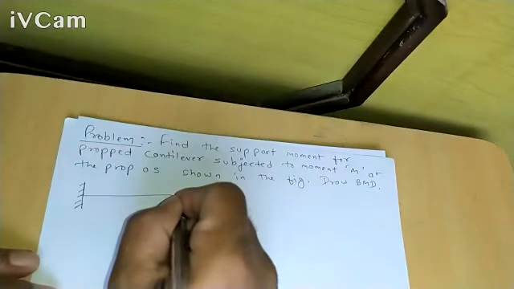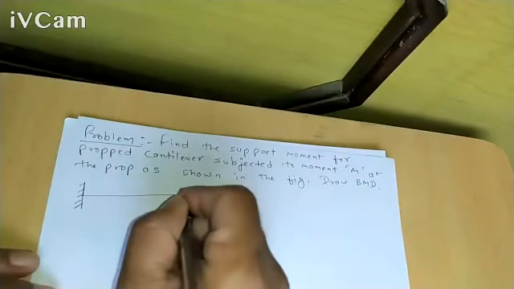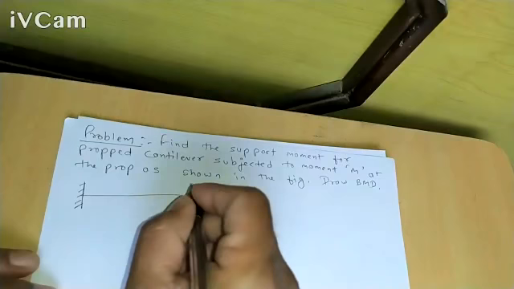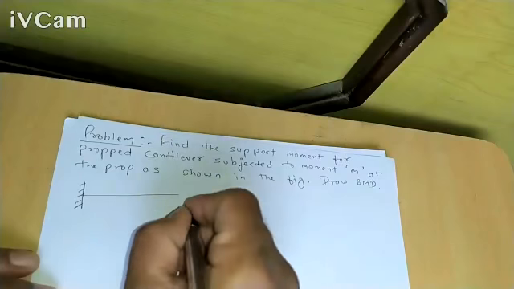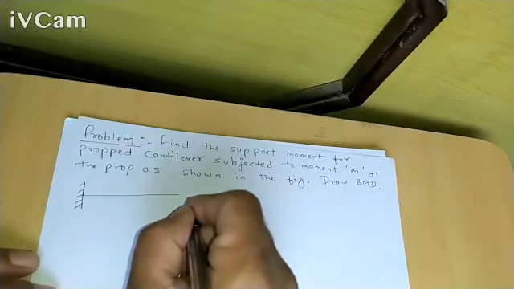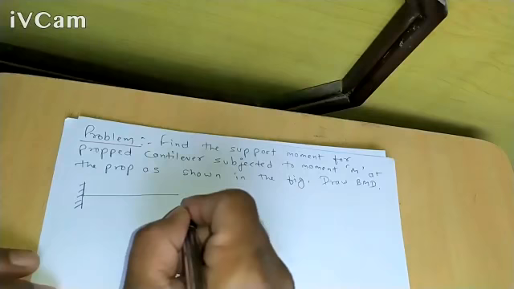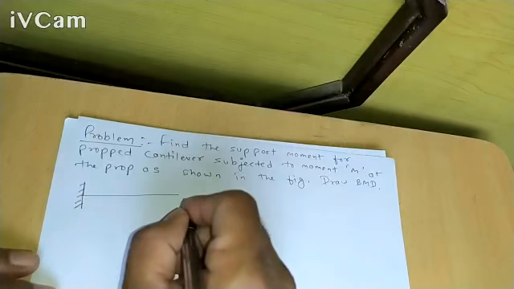This is A, B, and this is S. So in this case, first of all, we will consider the moment because of the moment M.